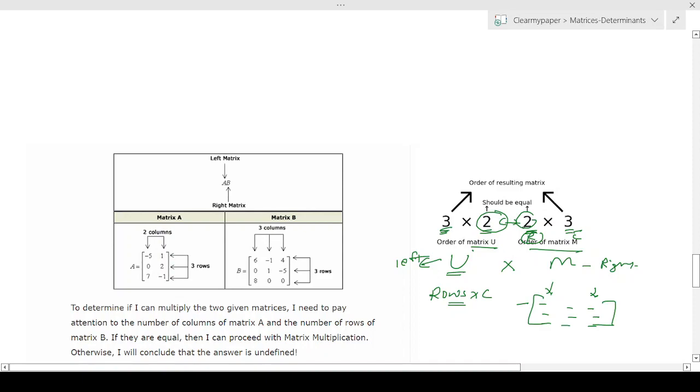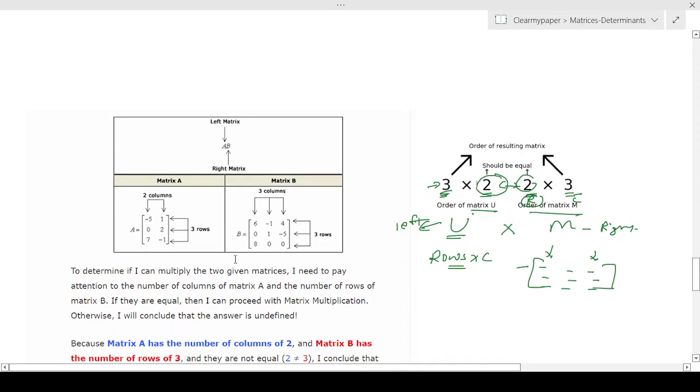But if the multiplication is possible, the size of the resulting matrix will be determined by the other 2 numbers: the number of rows of the left matrix and the number of columns of the right matrix. That's kind of a cheat sheet here.